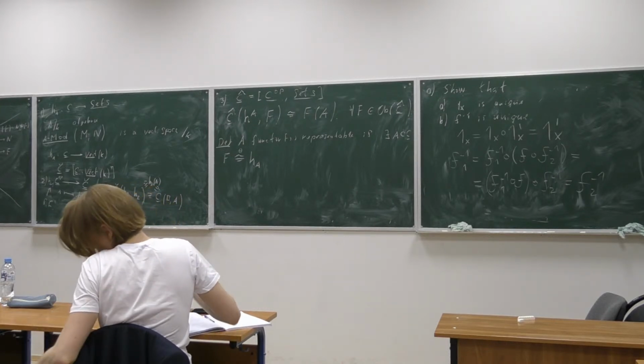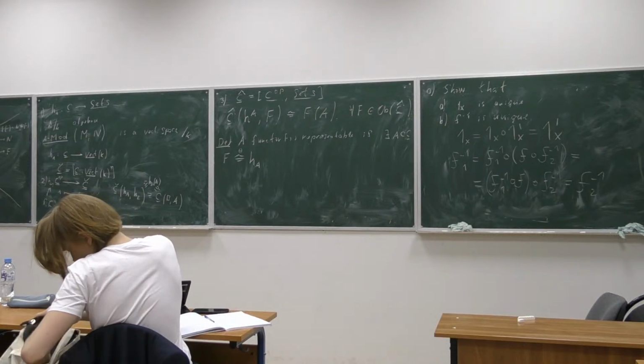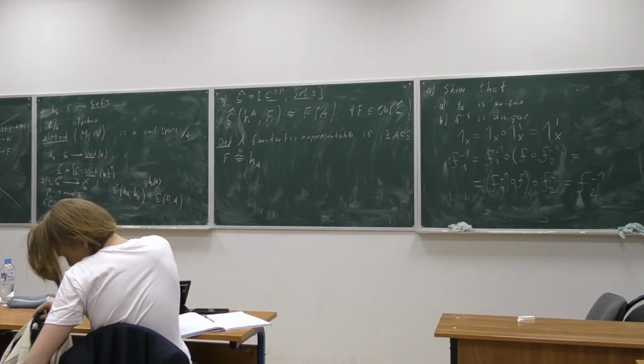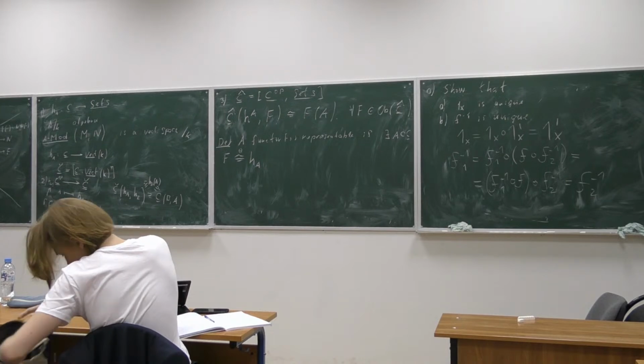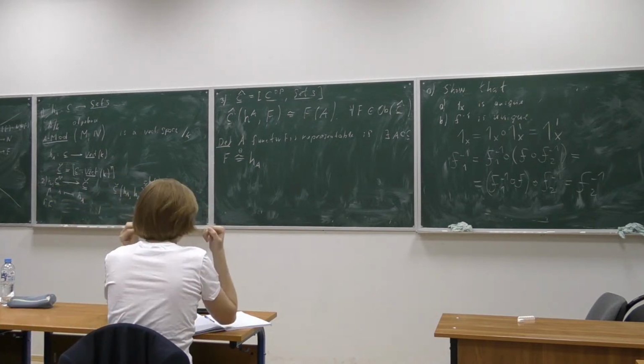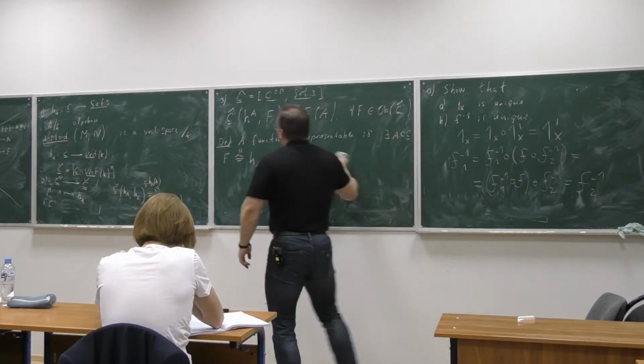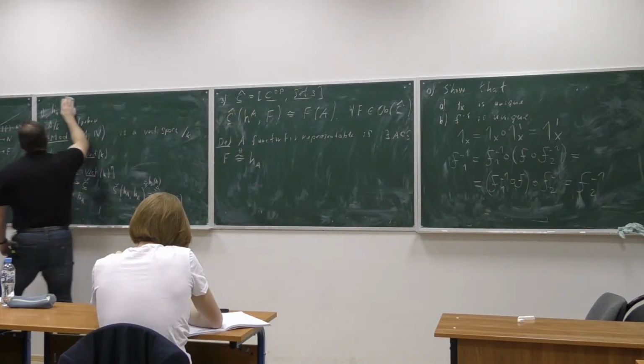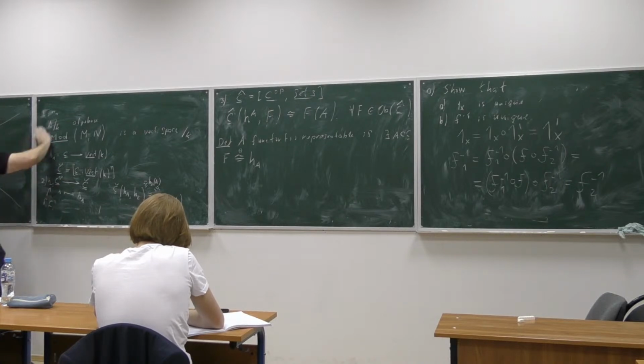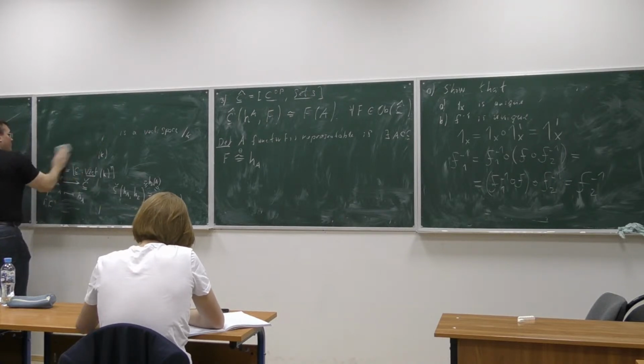maybe before we do problems on natural transformations, let's maybe discuss some functors. So in the next problem, you need to explicitly show that the center of a group is not a functor.